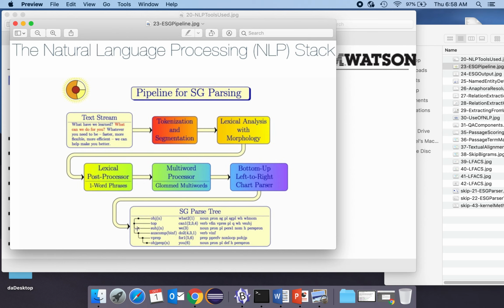And so we might get something like this. What can we do for you? They have a root somewhere over here, which is "can." A lot of times verb phrases are the important things that we're interested in. We have direct objects, I think indirect objects too. So that's just their parser, but other parsers work on the same principle.